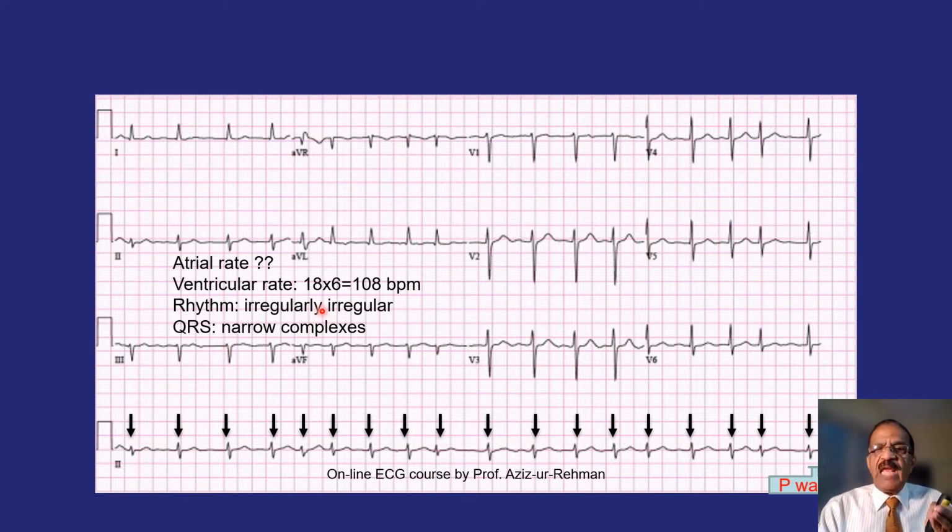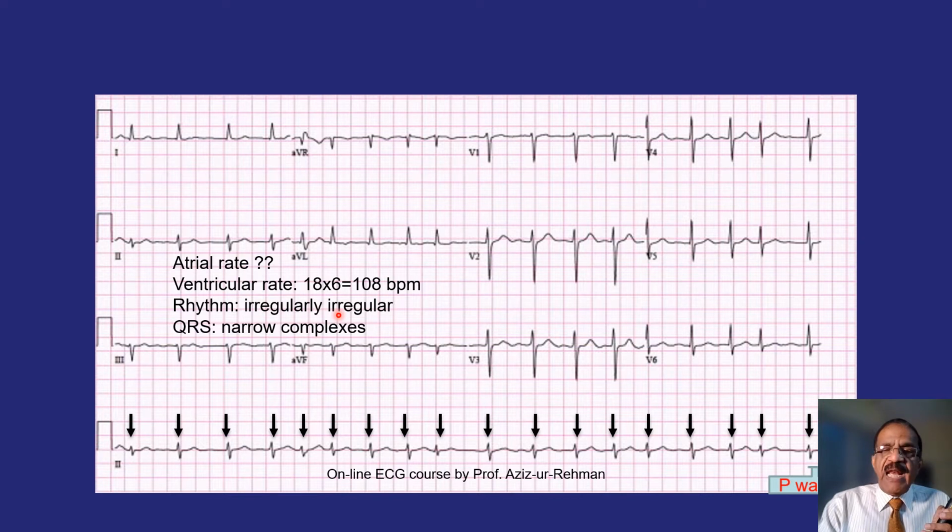Since 10 seconds is one sixth of a minute, we multiply by 6 and we get the heart rate of 106, 108. This is slightly variable because if you count from another part of the strip, it might be slightly different, because it is irregularly irregular. There is tachycardia, but the rhythm is irregularly irregular.